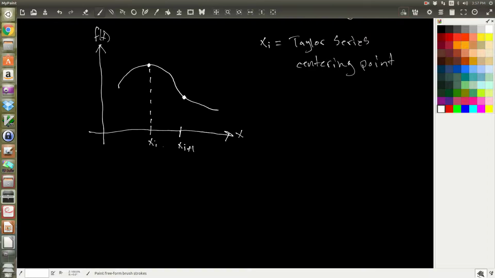So what I'm going to do is just write down the definition for the Taylor series. So the Taylor series says if we want to come up with an estimate for this value, or even know it exactly, this point right here is exactly equal to, I'm going to call this distance here h.